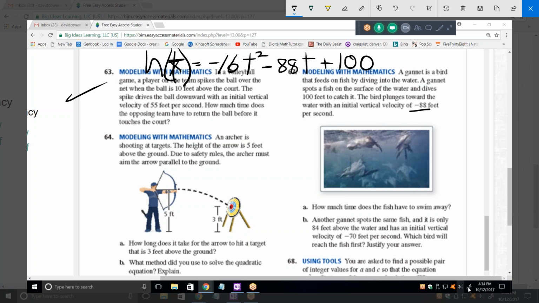Which is the time that it takes the gannet to hit the water. What's its height when it hits the water? 0. Now you have to solve that quadratic. That's how much time the fish has to swim away.